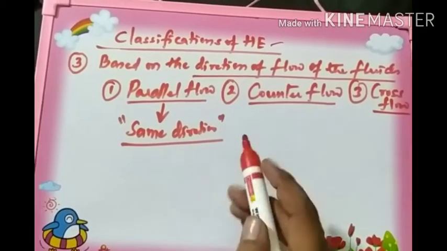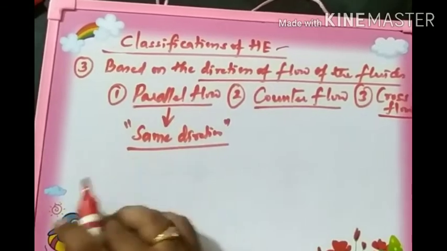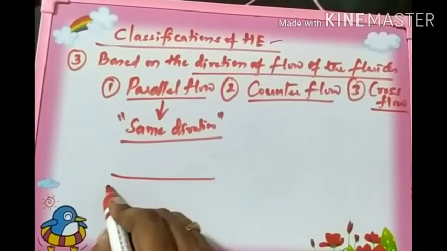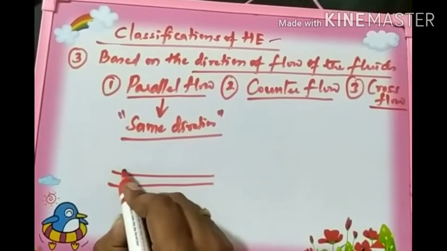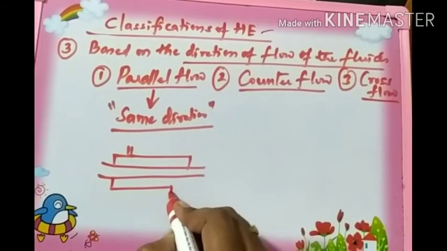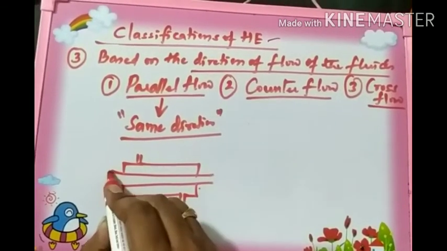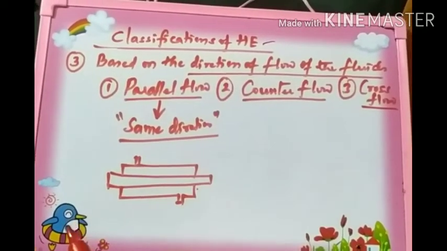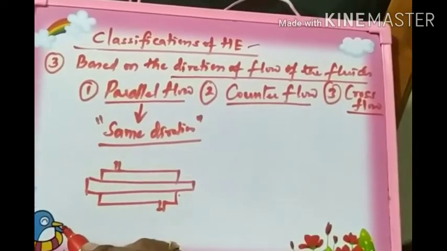Let me explain the same thing with a small block diagram. So let me take a heat exchanger like this. It's a simple sketch to understand a heat exchanger. Based on its construction, we call it a double pipe heat exchanger.